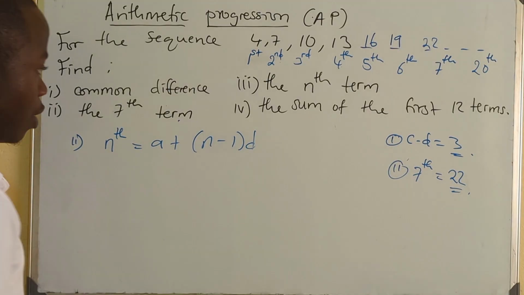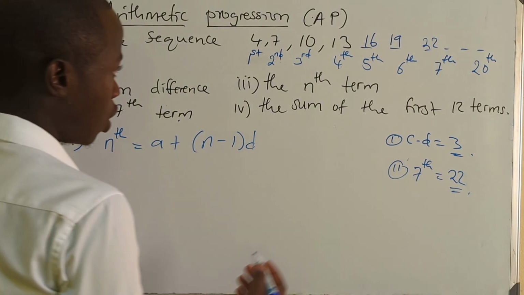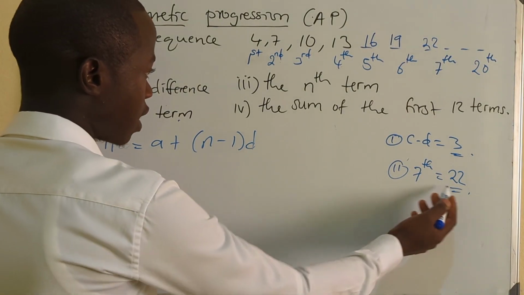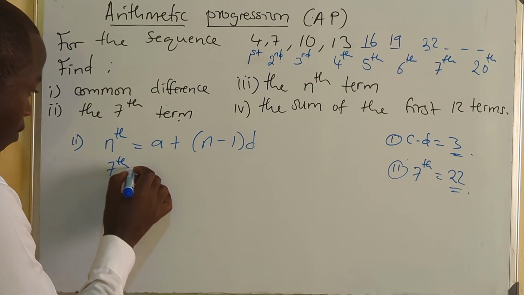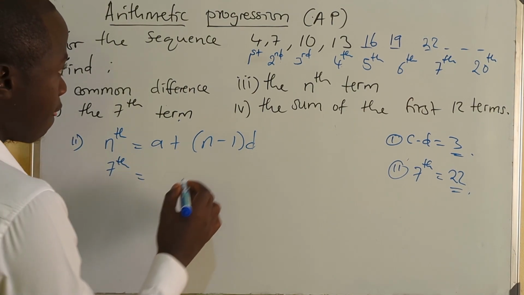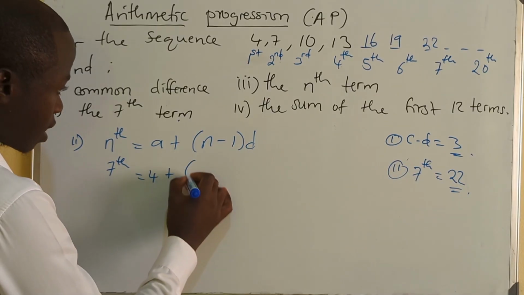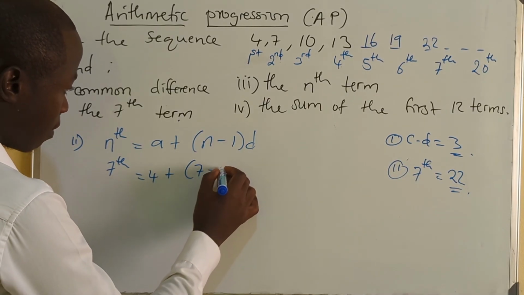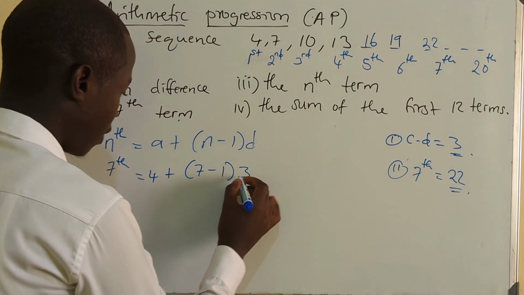The d is the common difference, n is the number of terms, and a is the first term. So to apply this formula to find the 7th term, the 7th term is equal to a, which is 4, the first term, plus 7 minus 1, multiplied by d, the common difference, which is 3.